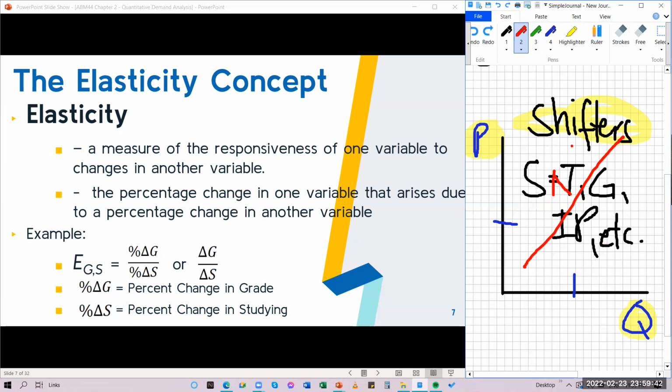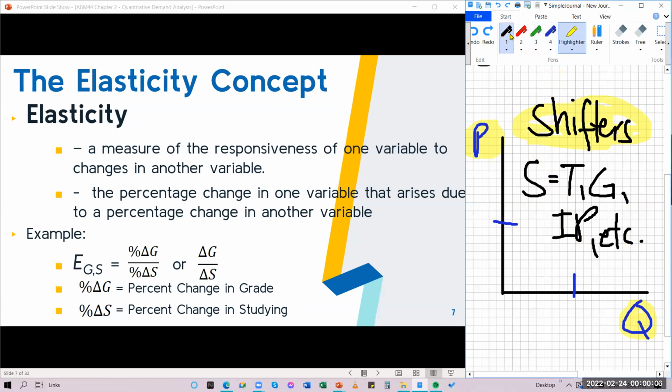So there are many things to consider when it comes to knowing how responsive one variable is to another, like, as I said, price to quantity, income to quantity, prices of inputs, price of related products, and so on.